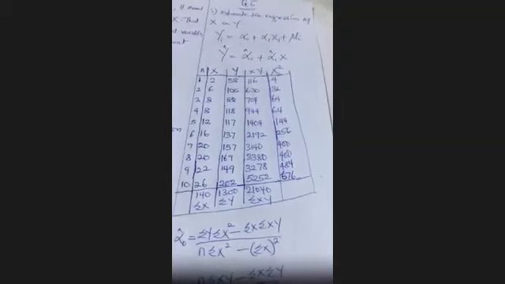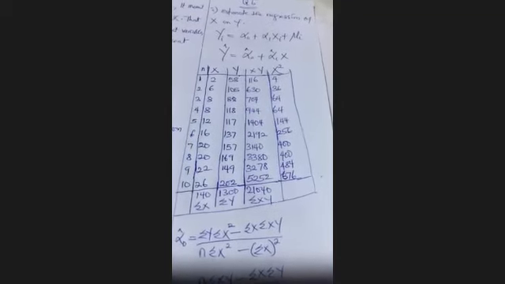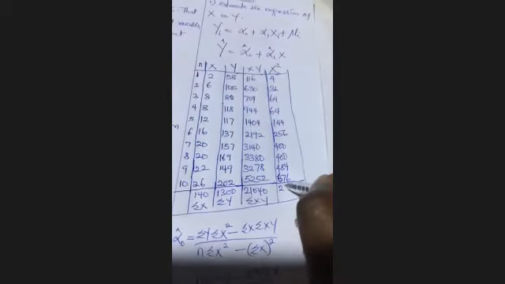Let's sum up X squared, please. 2528. So this is summation X squared. Now let's check it. Thank you very much, Abigail.